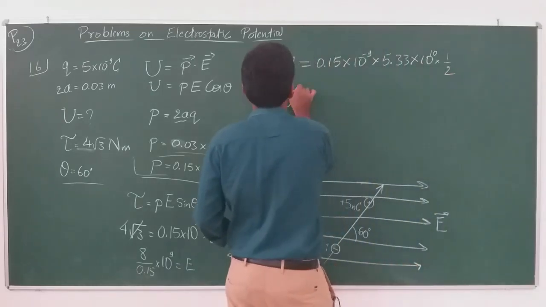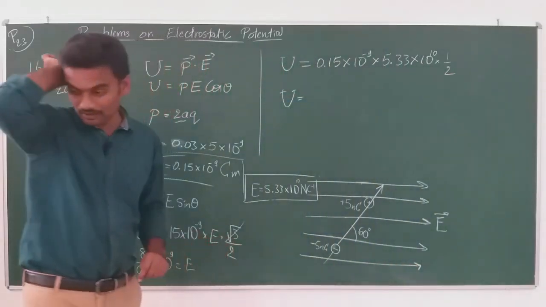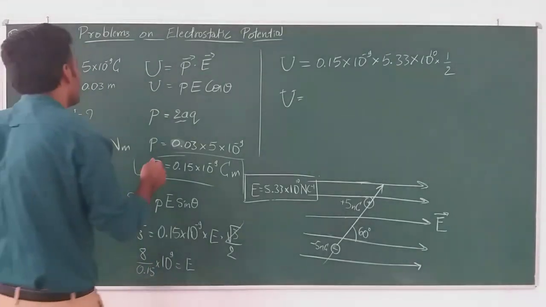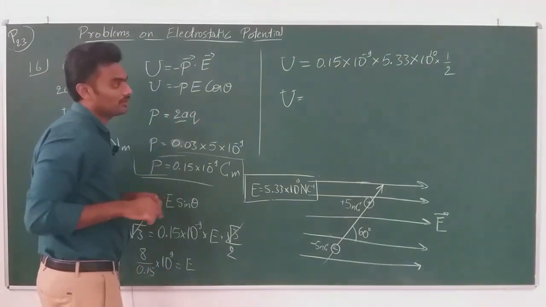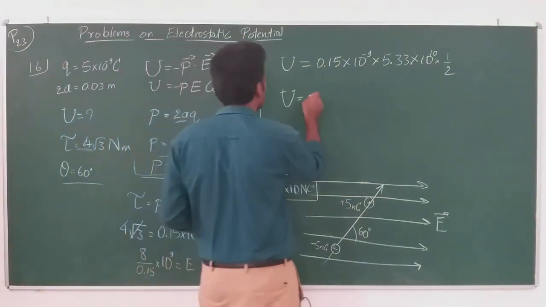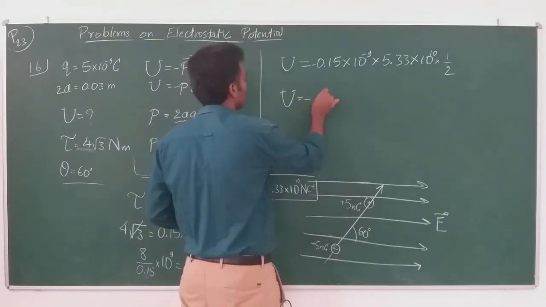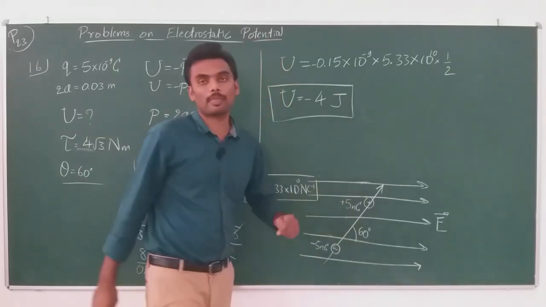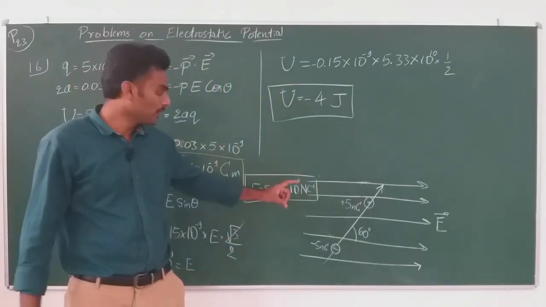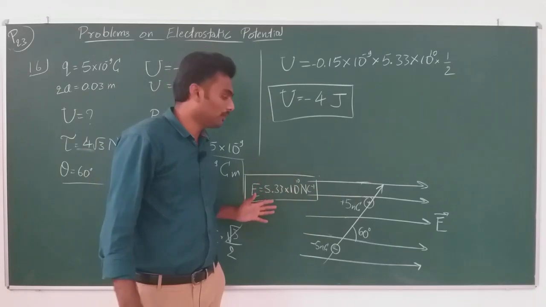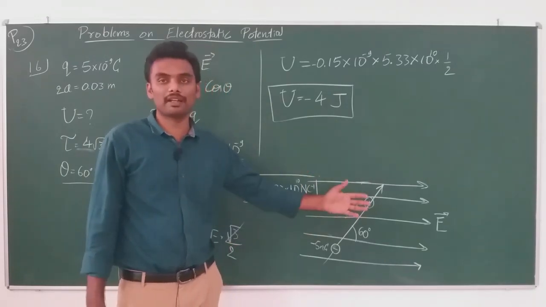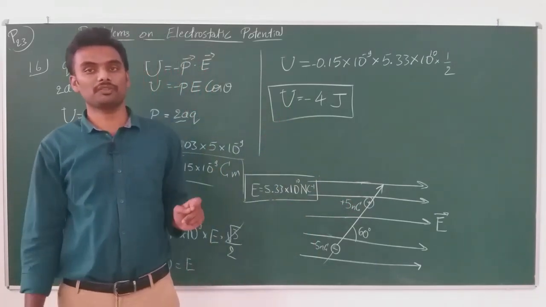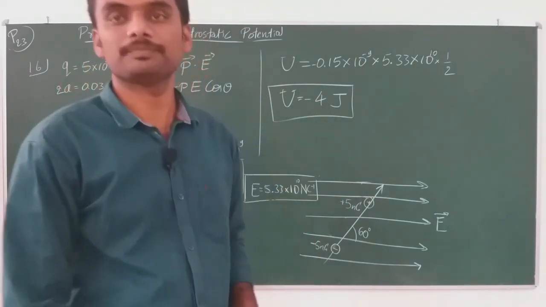Simplify this with a calculator. We forgot to put the negative sign, so it's minus. Finally, after using the calculator, the potential energy stored in this dipole due to the application of this electric field is U equal to minus 4 joules. Clear? Good.